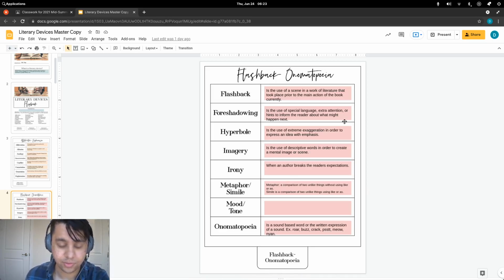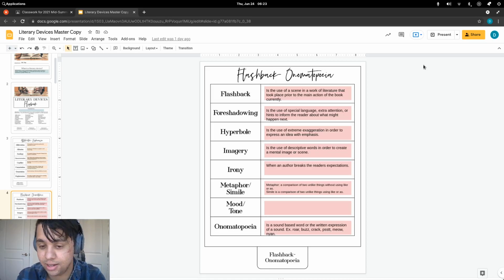We've got several definitions already. If we look, we have flashback is the use of a scene in a work of literature that took place prior to the main action of the book that's currently going on. So, like we said earlier, that's like in Harry Potter, where it looks at the start of the movie, it looks back to when Hagrid was bringing Harry Potter to the Dursleys' house after his parents were killed.